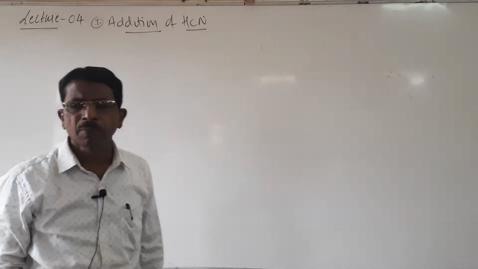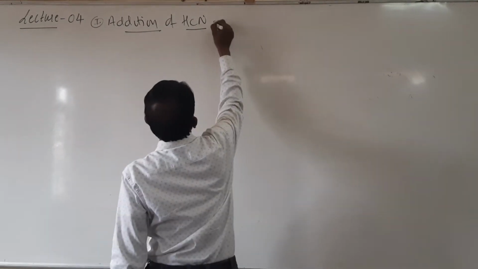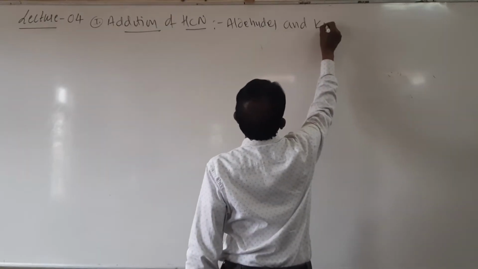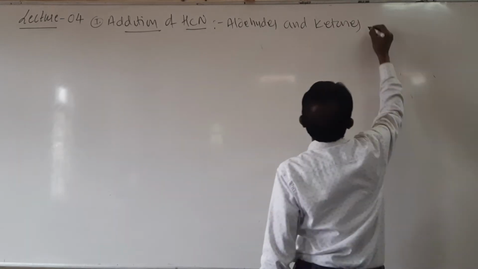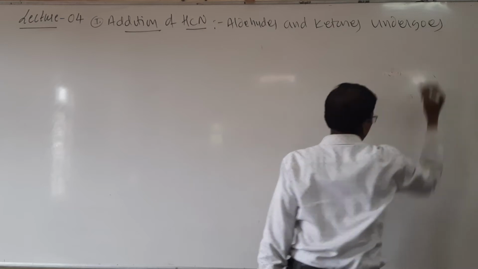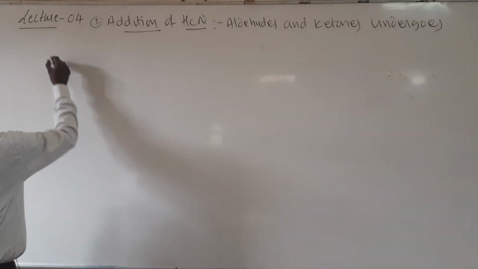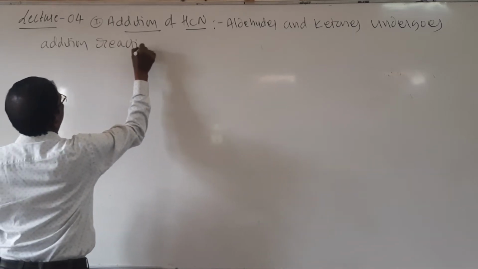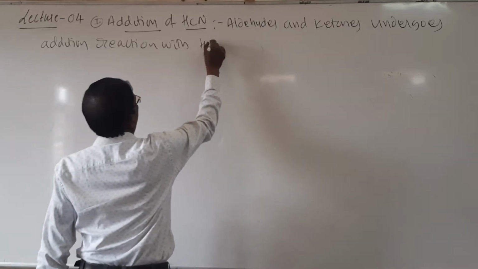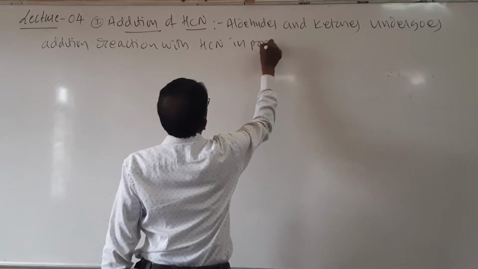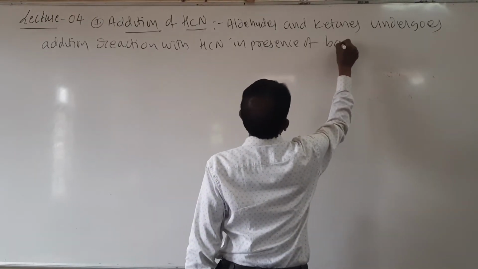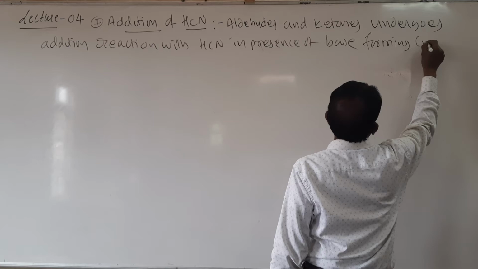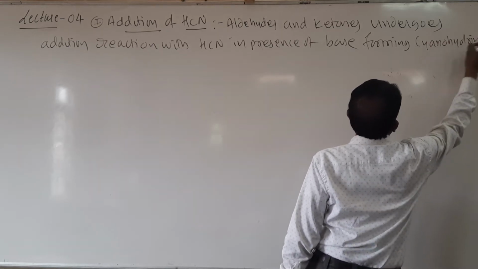Addition of HCN. Aldehydes and ketones undergo addition reaction with HCN in presence of base, forming cyanohydrin.